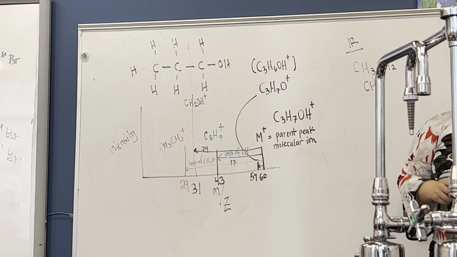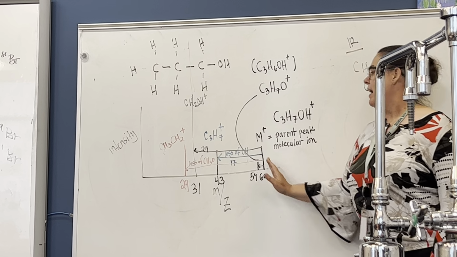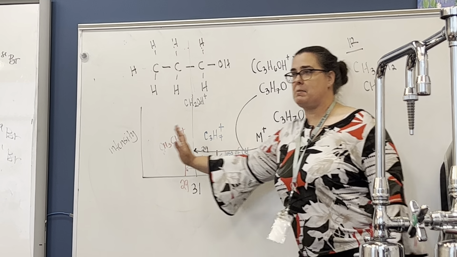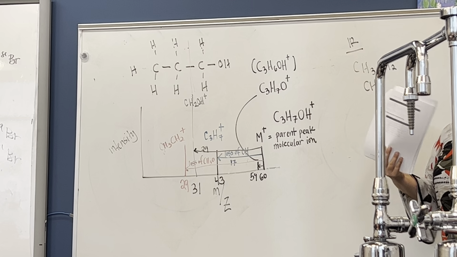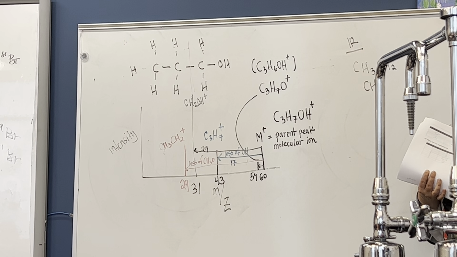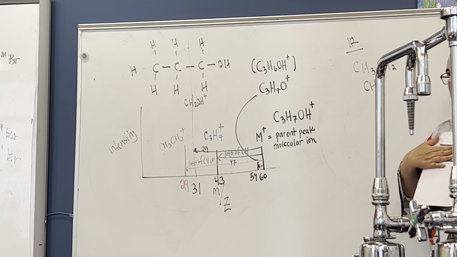I approach this when it's a small molecule, as I've shown you. I choose the parent molecule and I subtract everything to figure out what is most likely left over using my handy dandy table of likely fragments. If the molecule is bigger, sometimes my table isn't big enough to include all of the stuff.